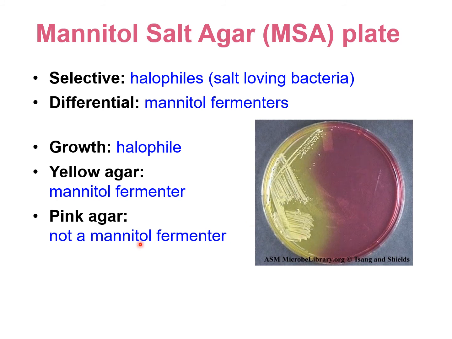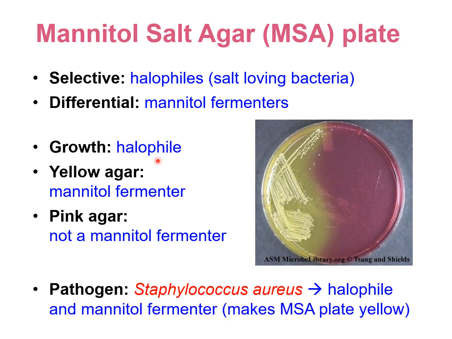Now, if the plate changes yellow in color, that means your bacteria can ferment the sugar mannitol. If the pink agar stays pink as is, it means your bacteria is not capable of fermenting mannitol. If you get any sort of growth, whether it turned yellow or pink, on a mannitol salt agar, that means your bacteria is a halophile. It does love salt.